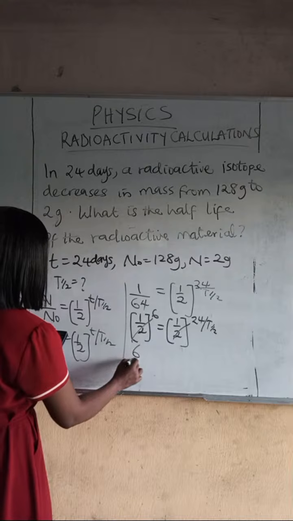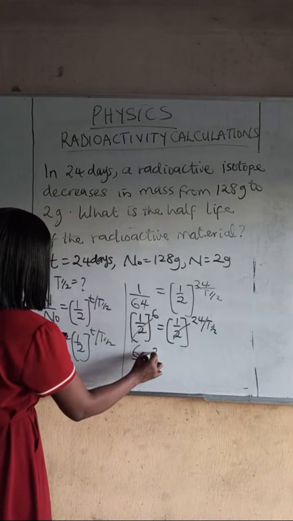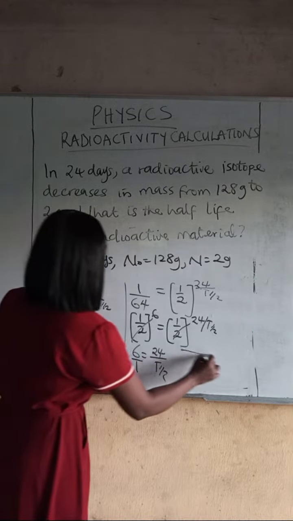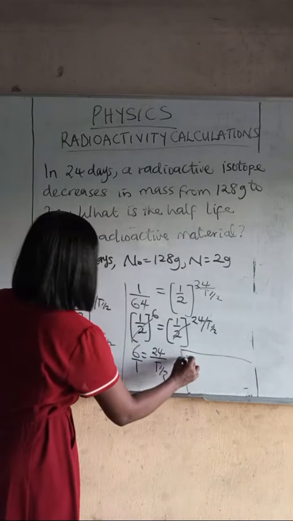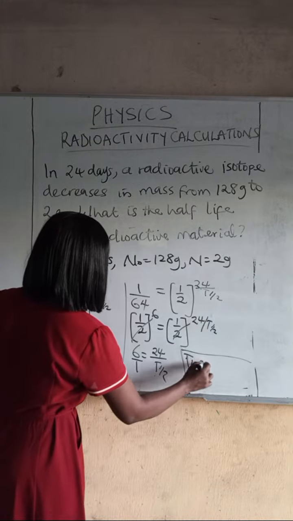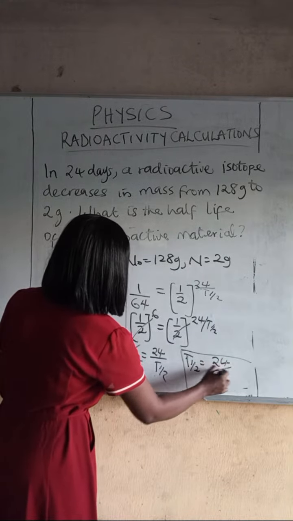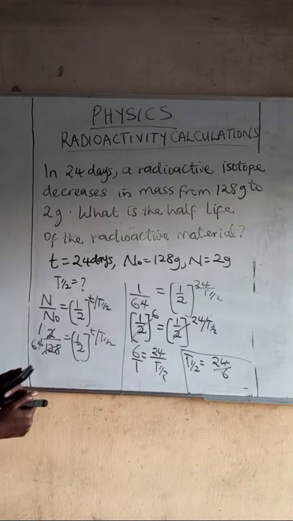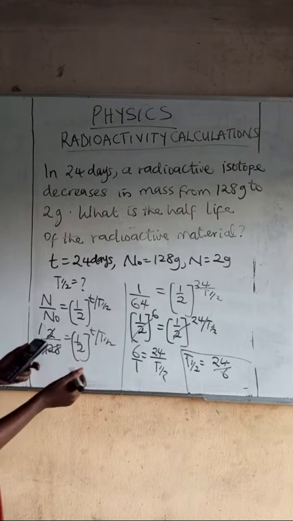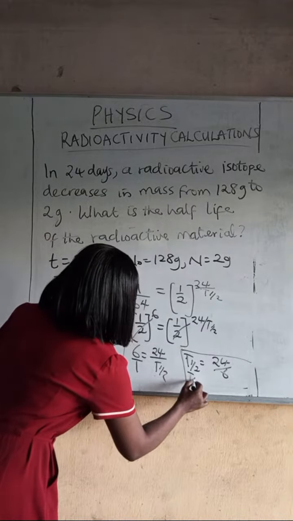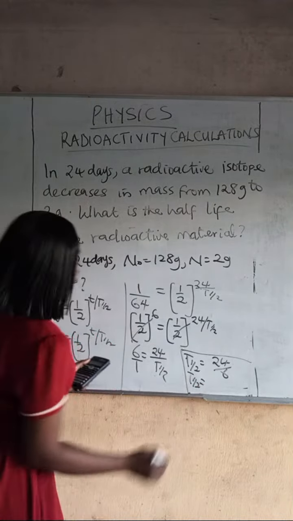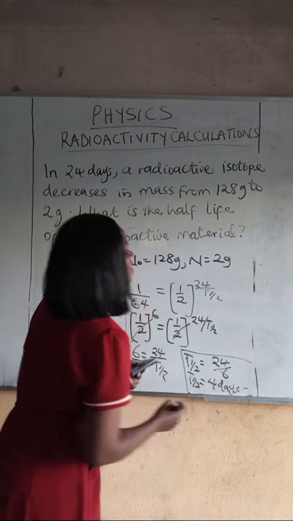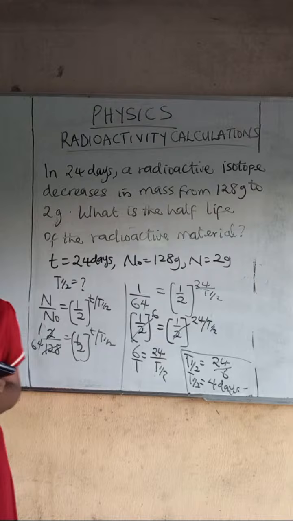This is 4 over 1 is equal to 24 over T half, right? Now, for me to get the time, my time is equal to 24 over 4, and my answer becomes: the half-life is equal to 6 days. Do we understand?